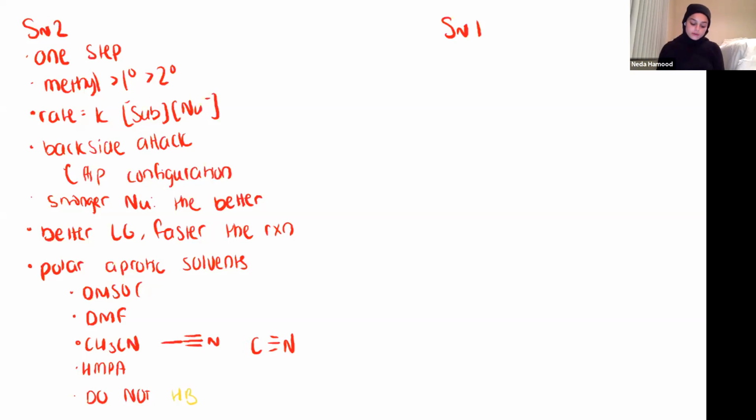And then over here for SN1 reactions, it happens in two steps. The order of reactivity is tertiary, then secondary, and then maybe not really primary. Rate is dependent only on the substrate, so we have first order kinetics.